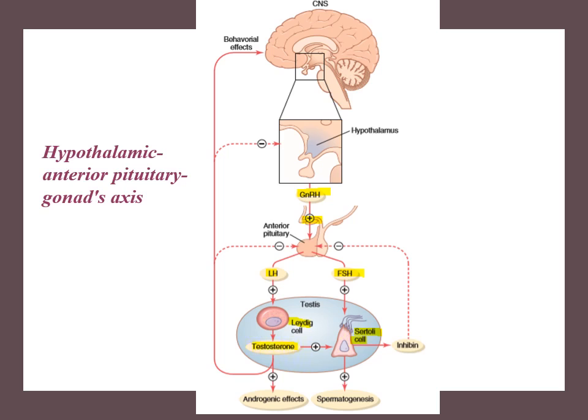Also, follicle stimulating hormone will induce Sertoli cells to support and induce the process of spermatogenesis. Now, testosterone also plays an important role together with the follicle stimulating hormone in supporting and stimulating spermatogenesis.